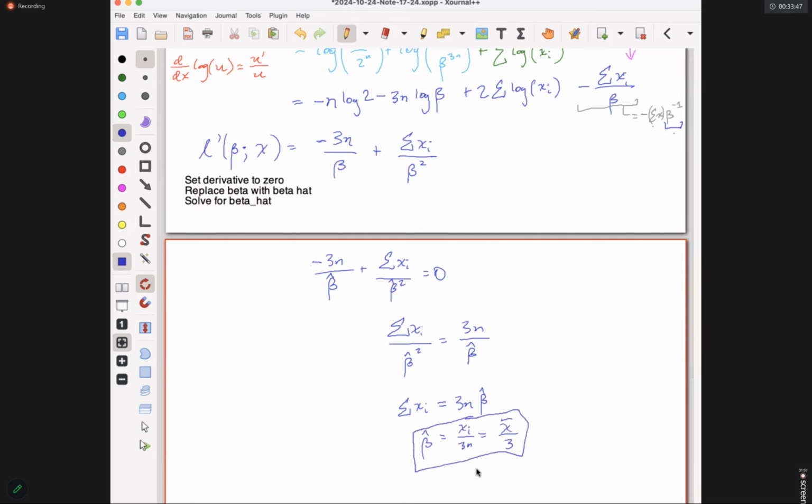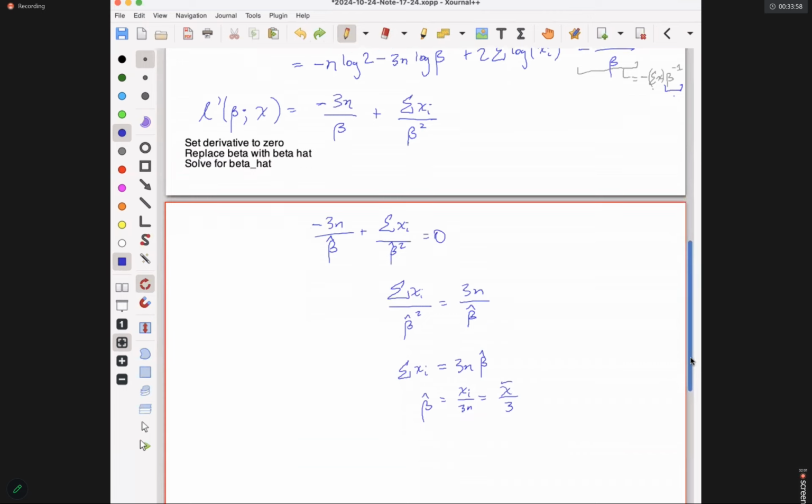And this is my maximum likelihood estimator. Well, I haven't technically shown it's the maximum yet. I know that there's a local extreme right here. So what do I need to do to show that it's actually the maximum likelihood estimator? Yes.